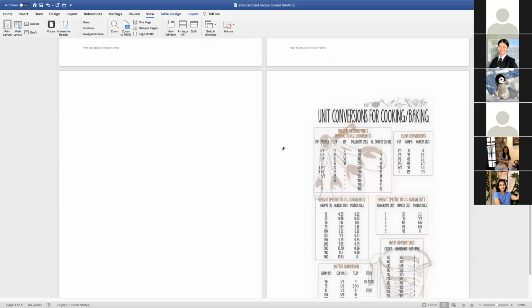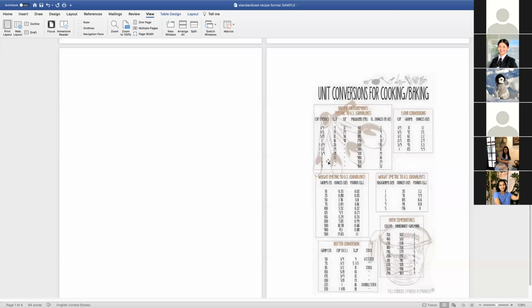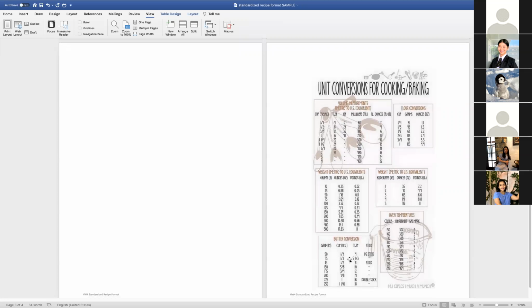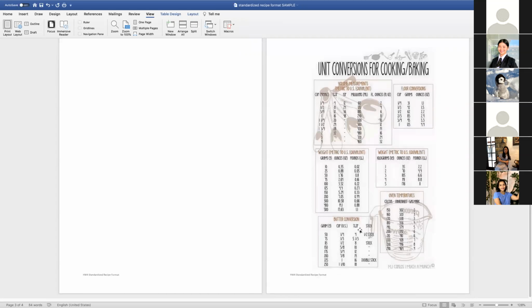So salt is a solid. It's a weight. In this recipe, oh, there's actually no teaspoon. Guys, I know this will be quite difficult. I'll send you a more accurate conversion of the metric system.